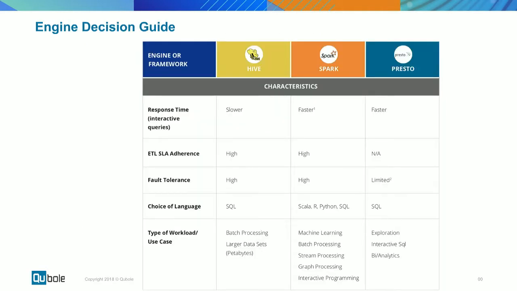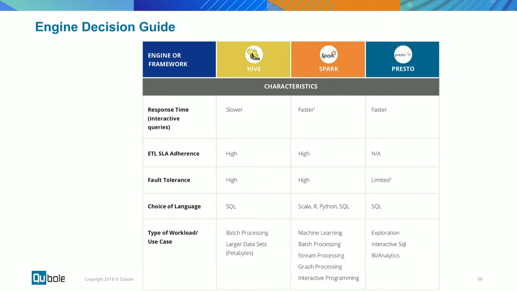And then if you want to look a little bit deeper into these engines, if you want faster response time, you're better off sticking with Spark and Presto. Hive is very effective, but it's a batch process. It'll take a while for you to get your data back. And then as you build those data pipelines and you need to adhere to an SLA, I would stick with Hive and Spark.